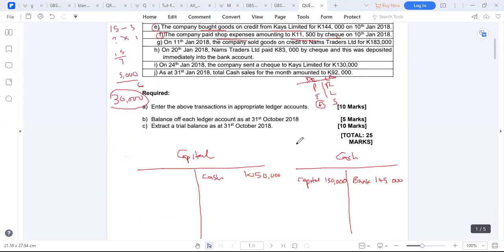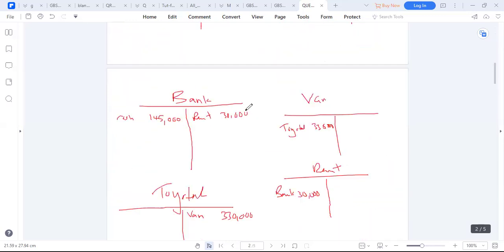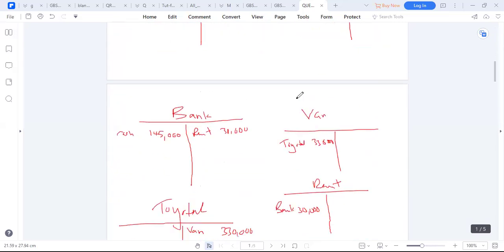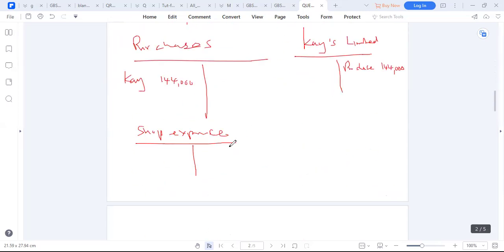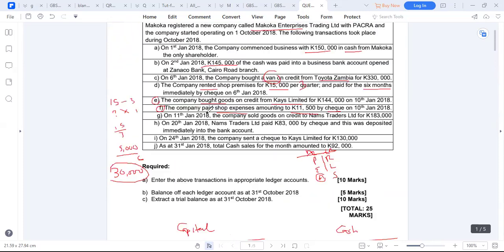So the amount is 11,500. Shop expenses 11,500, then we go to bank 11,500. Are we together? All right.